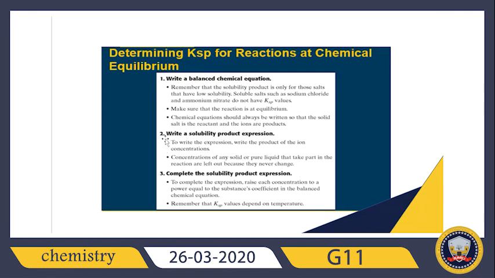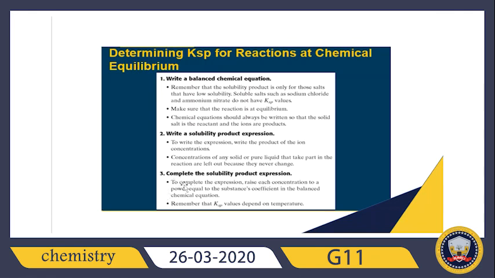Okay, so step number 2, write the solubility product expression. To write the expression, write the product of the ion concentrations, then any solid or pure liquid that takes part in the reaction is left out. Why? Because they never change. They have a constant value, as we said. Step number 3, complete the solubility product expression.